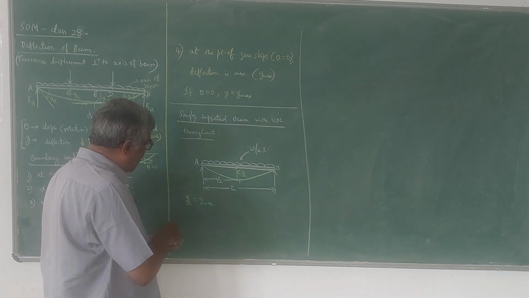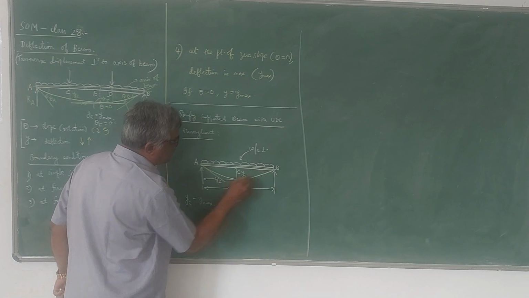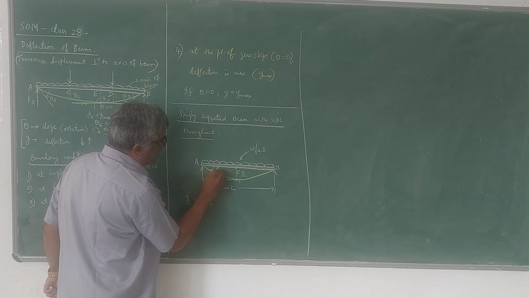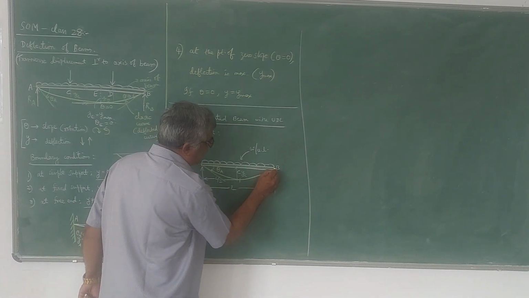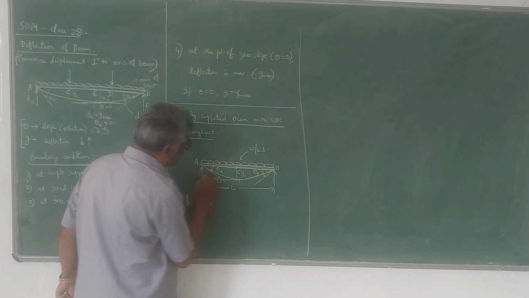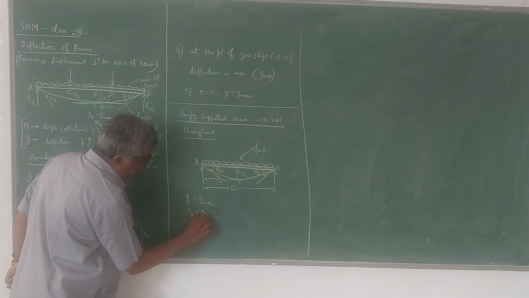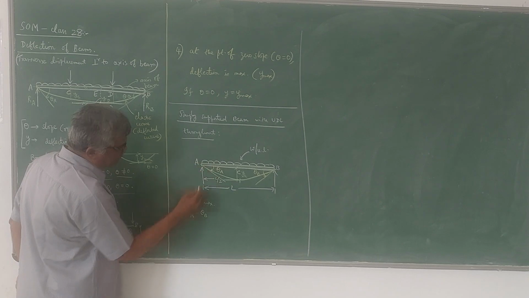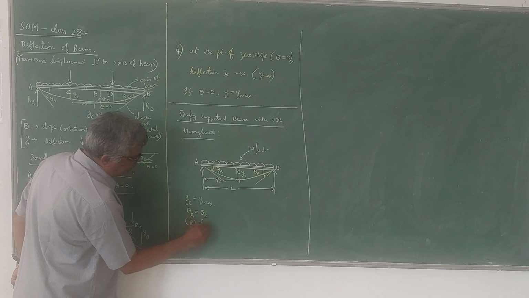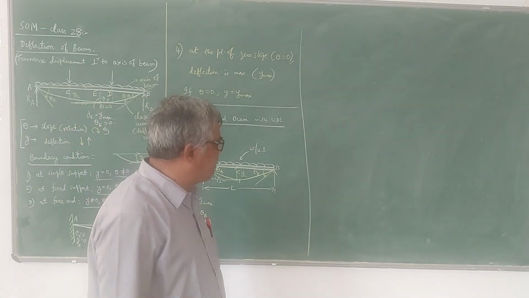If you draw the tangent at A to this elastic curve, the angle made by the tangent is theta A. If you draw the tangent at B, the angle is theta B. Since the beam is symmetrical, theta A will be equal to theta B. The only thing is this theta A is clockwise, whereas theta B is anti-clockwise. So magnitude wise, they will be equal.